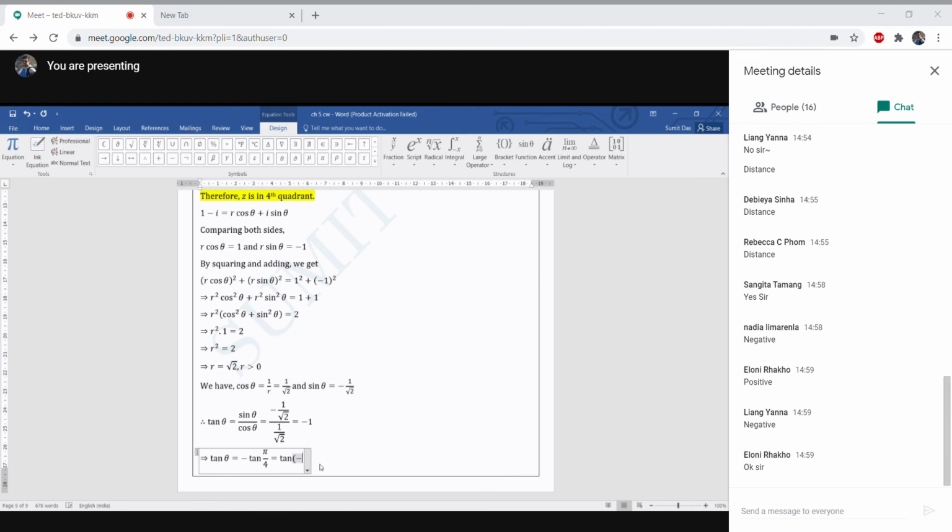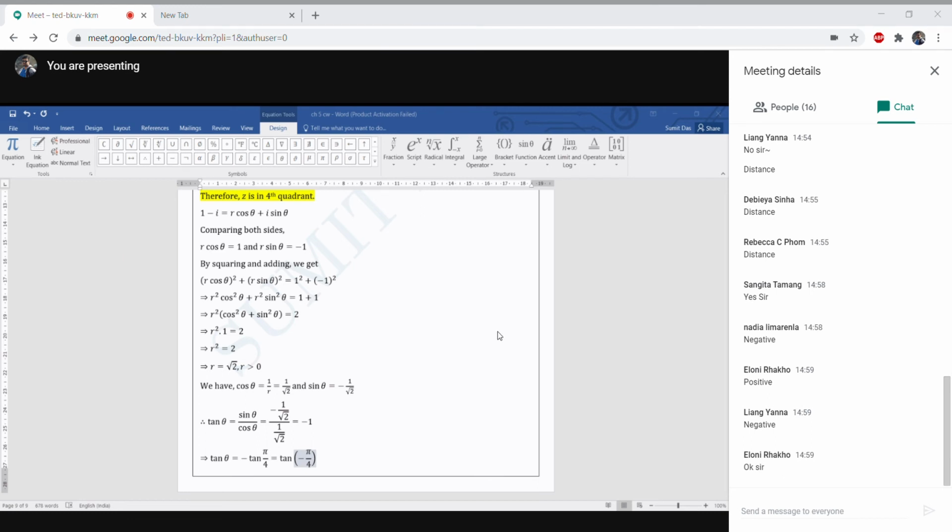Because it is minus 1, so minus pi by 4, it is in fourth quadrant.